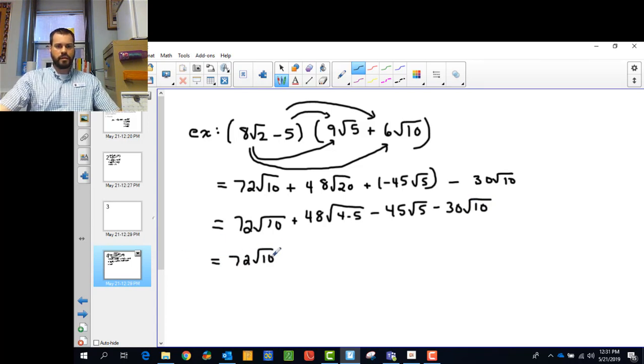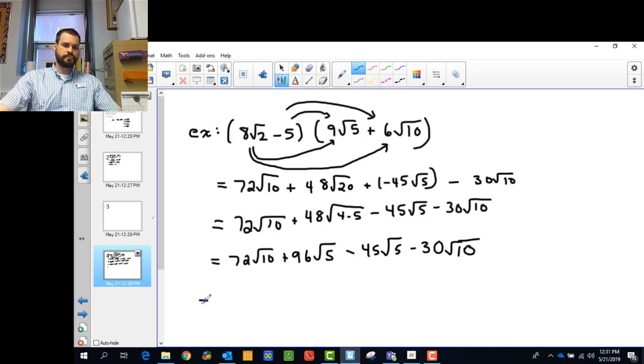That leaves me with 72 root 10 plus, and then 2 times 48. So that's 96 root 5. And then we're going minus 45 root 5 and minus 30 root 10. And then at this point, what I'm allowed to do is I have two terms that are root 10s, so I can put them together.